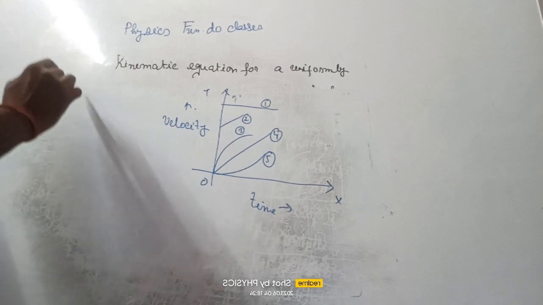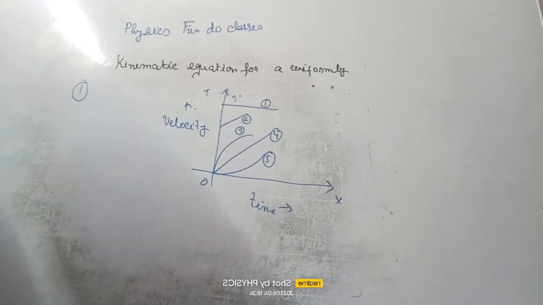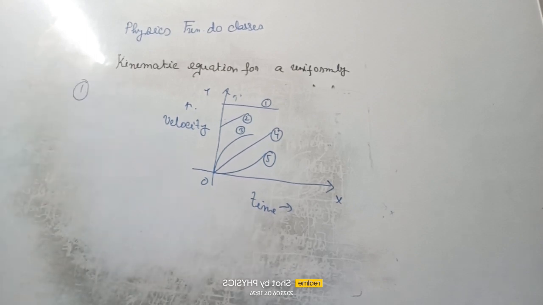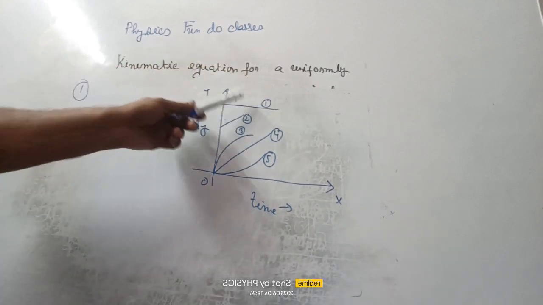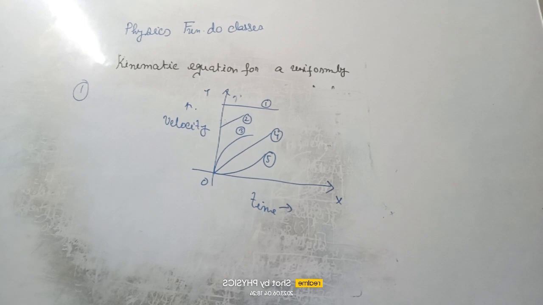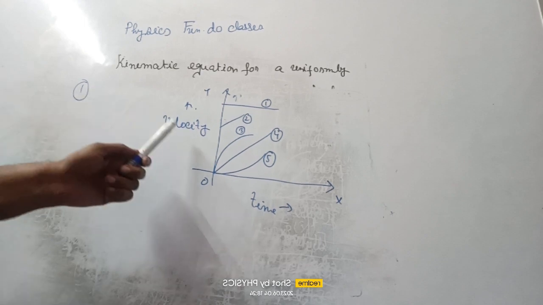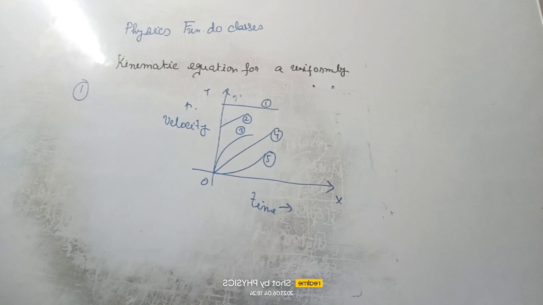For the first graph, we have seen that the graph is a straight line parallel to the time axis. Velocity is not changing. Velocity is constant.